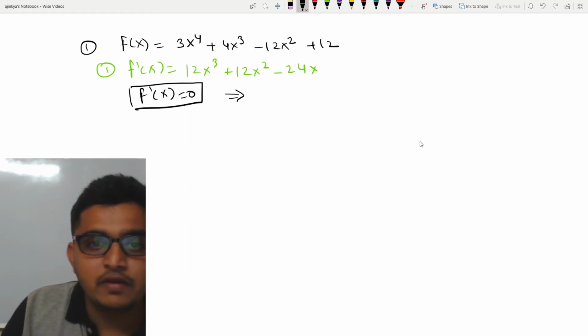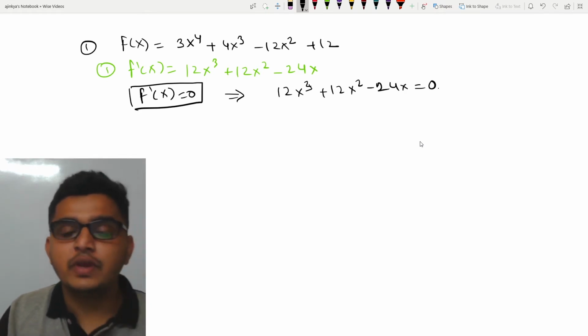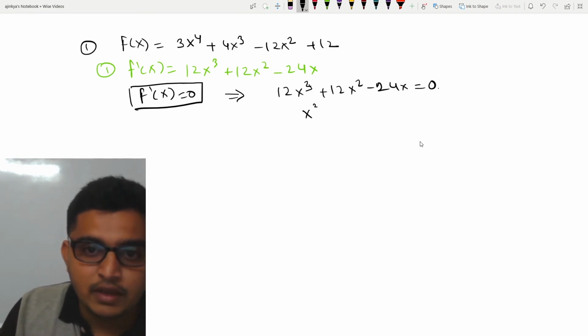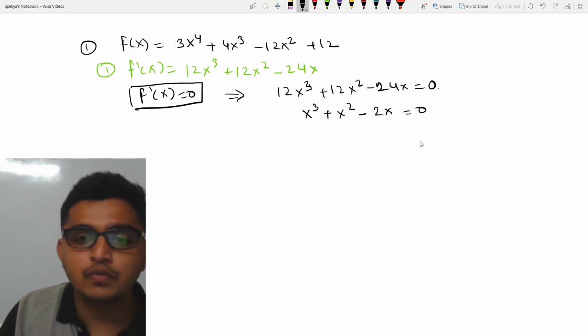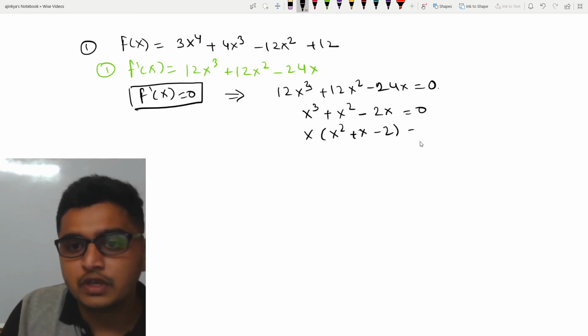So we have 12x cube plus 12x square minus 24x equals 0. We can take 12 outside as common, so we have x cube plus x square minus 2x equals 0. Now we can take x common outside: x square plus x minus 2 equals 0.